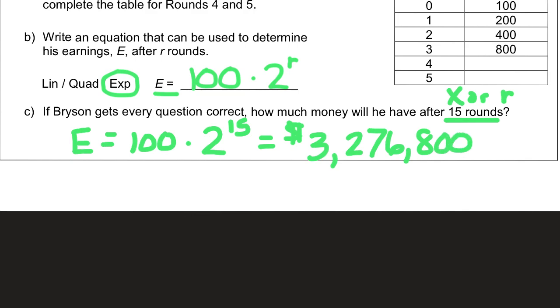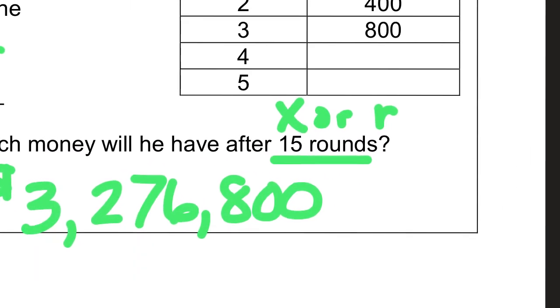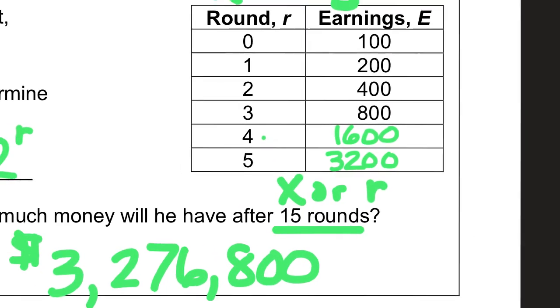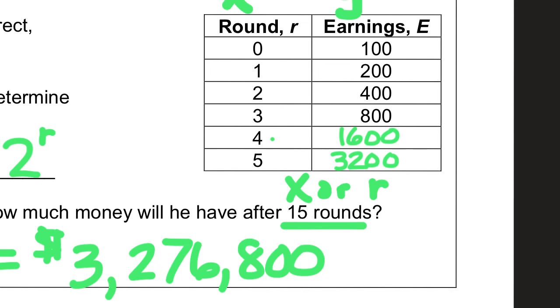Now we can go back and do the same thing for the table. Input the x or the r value as 4, and you'll find that he has $1,600 and then $3,200. Or you can simply follow the pattern in the table to find that out as well. The lesson is yours.